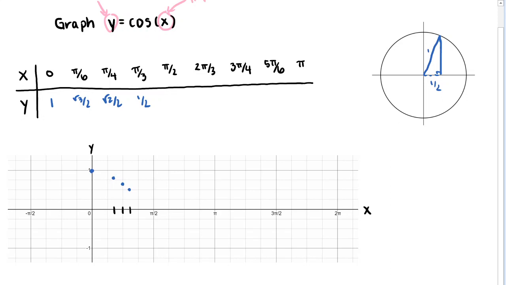And then at pi over 2 on our unit circle, we're at the point 0, 1, and cosine gives us the x-coordinate on the unit circle. And so the output of this function, when we input pi over 2, is going to be 0.